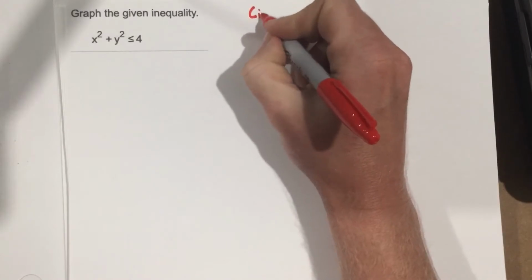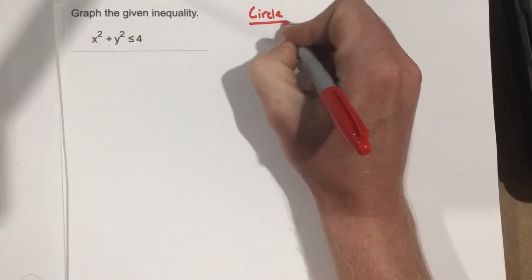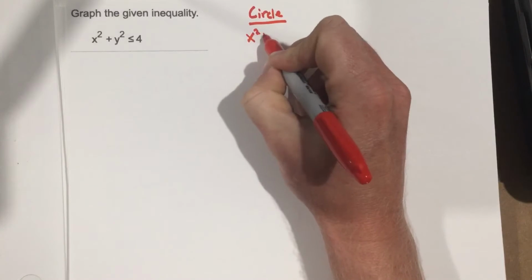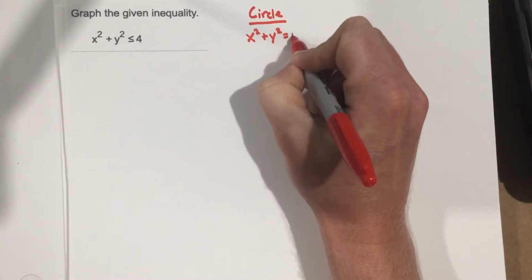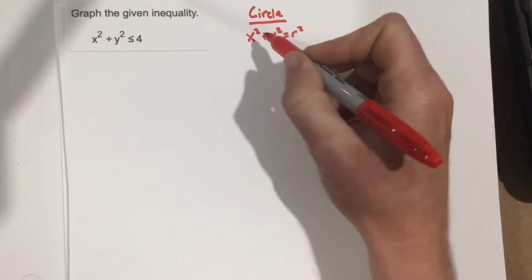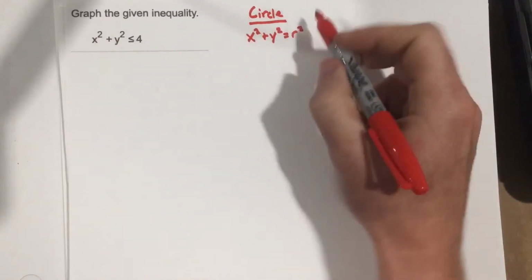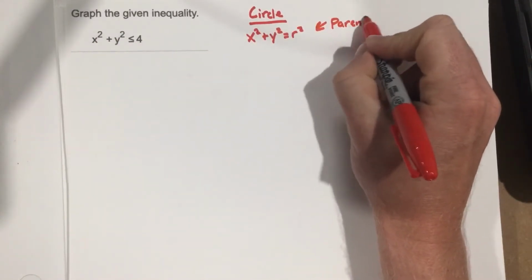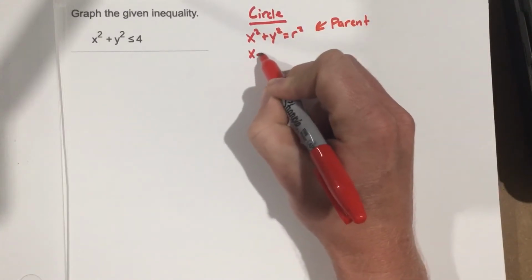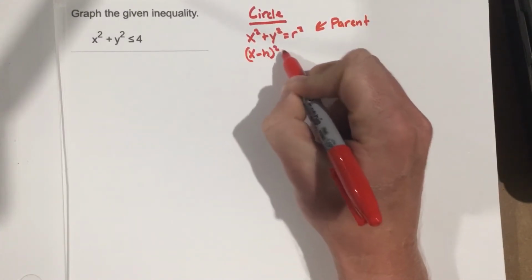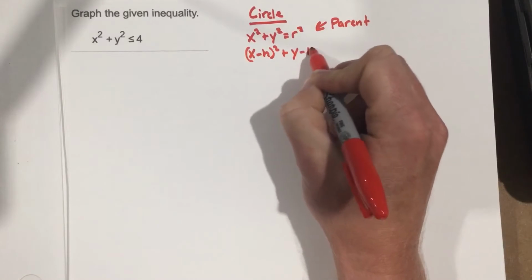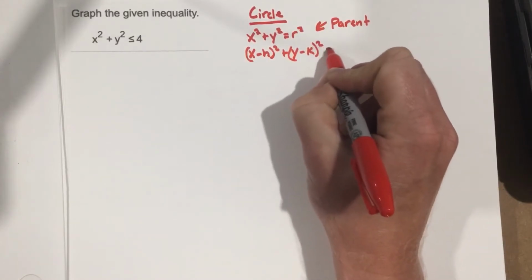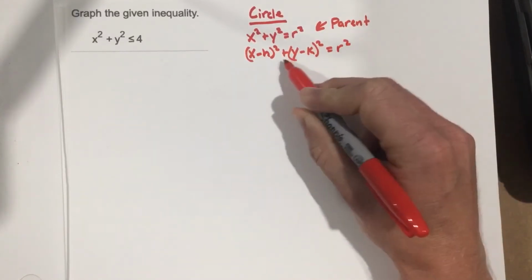And the circle equation is x squared plus y squared equals r squared, essentially. It's actually a little bit more than this, but I would say this is the parent function. Really, they have x minus h squared plus y minus k squared equals r squared as the total function.